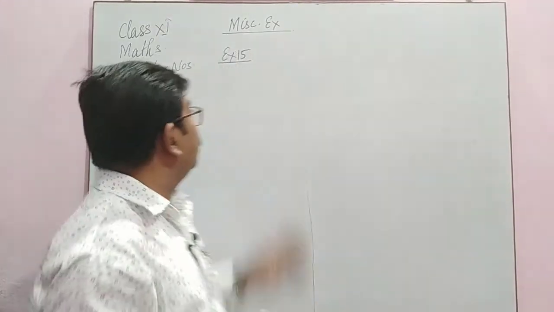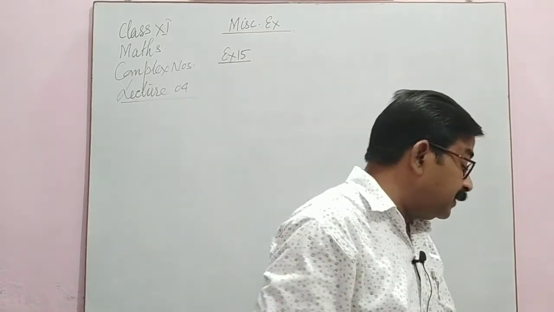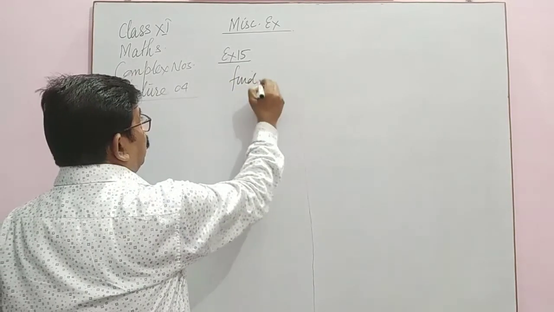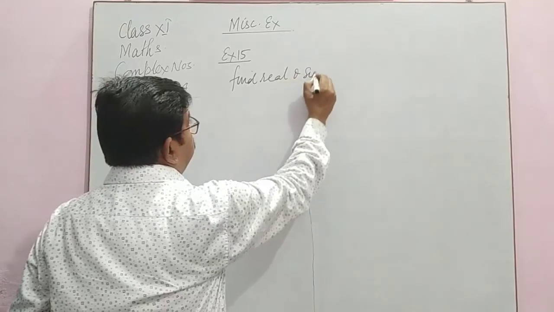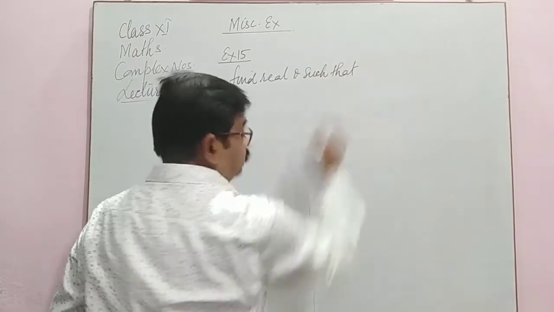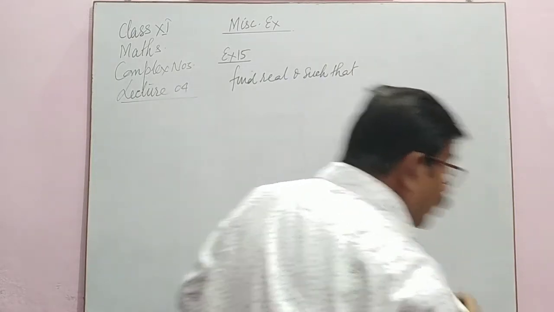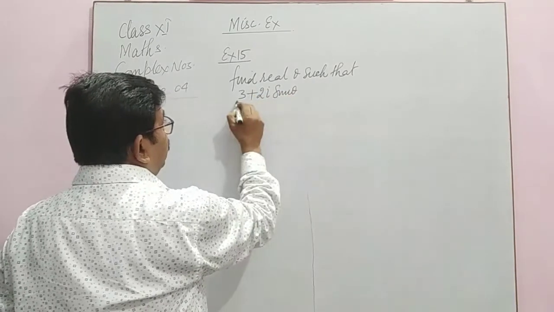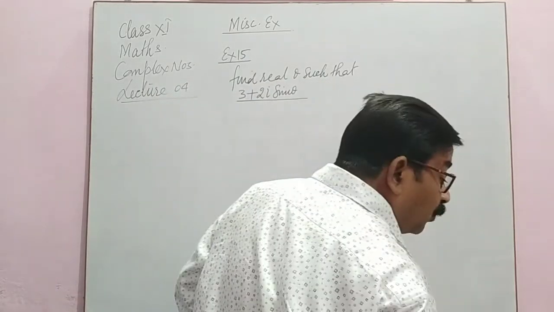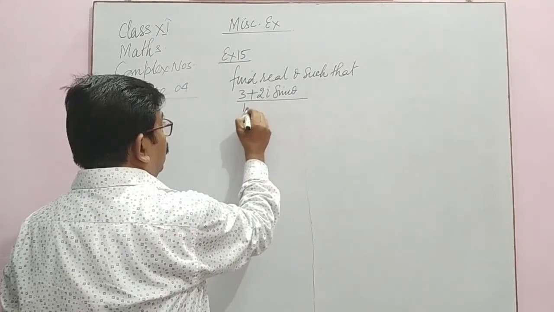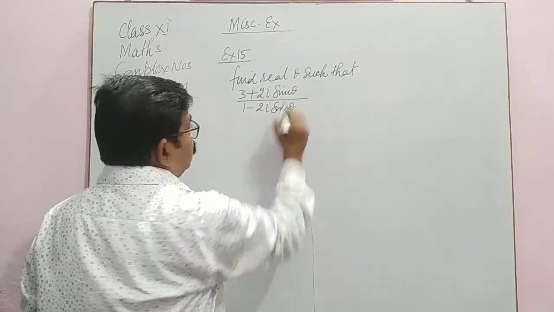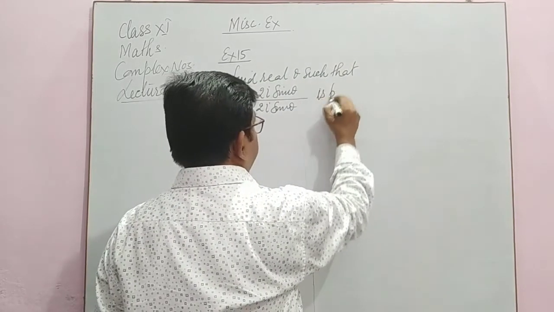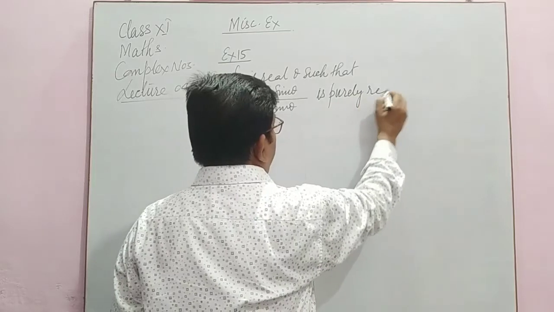Now we come to example 15. It is again an important question. Find real theta such that (3 plus 2i sin theta) upon (1 minus 2i sin theta) is purely real.